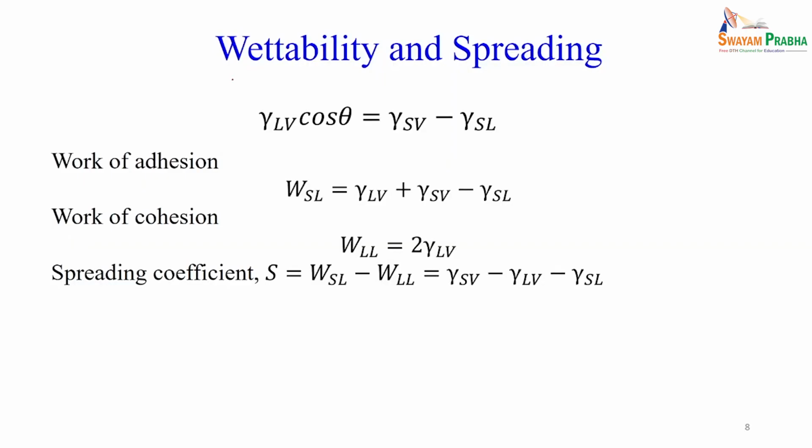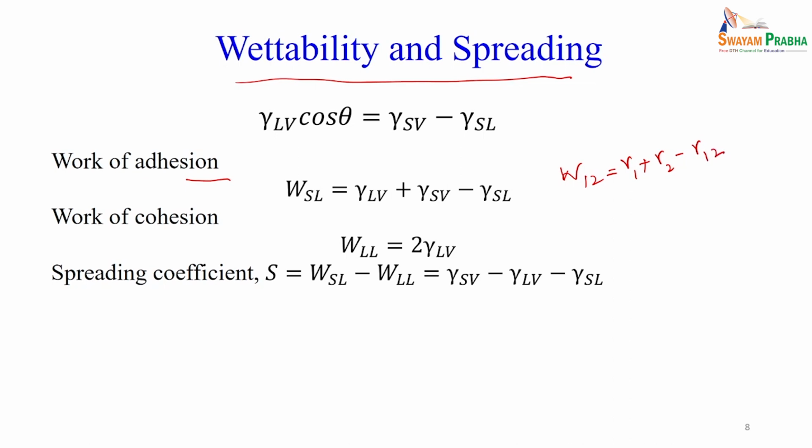As you remember, in the very first class we discussed adhesion and cohesion. If a liquid is going to wet a surface, it means there is going to be adhesion. So, work of adhesion is gamma LV plus gamma SV minus gamma SL, or you can say W 1 2 is equal to gamma 1 plus gamma 2 minus gamma 1 2.